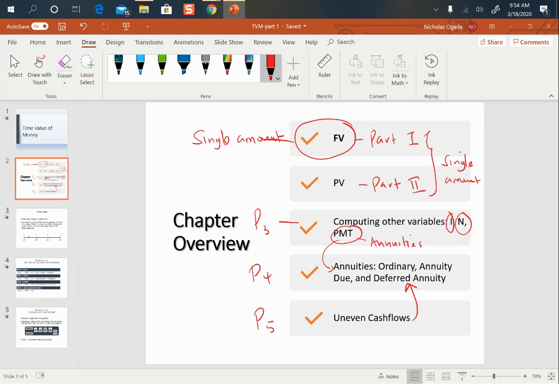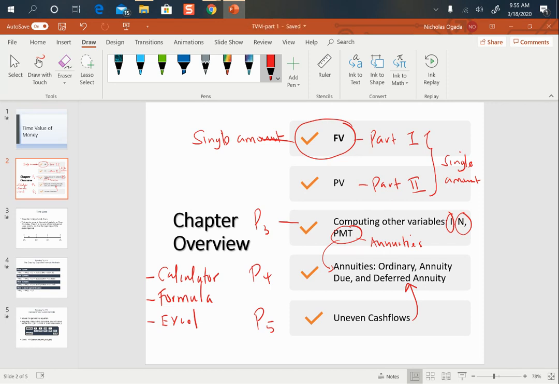Whether you're looking for future value of a single amount, the present value of a single amount, or you're dealing with the interest, that's the rate, the I, or the N, or the payments, or annuities, or uneven cash flows, you'll find that you can solve some of these problems easily by using a financial calculator, and I'm going to show you how this works out. You can also use some financial formula to solve these problems. You could also use Excel to solve these problems.